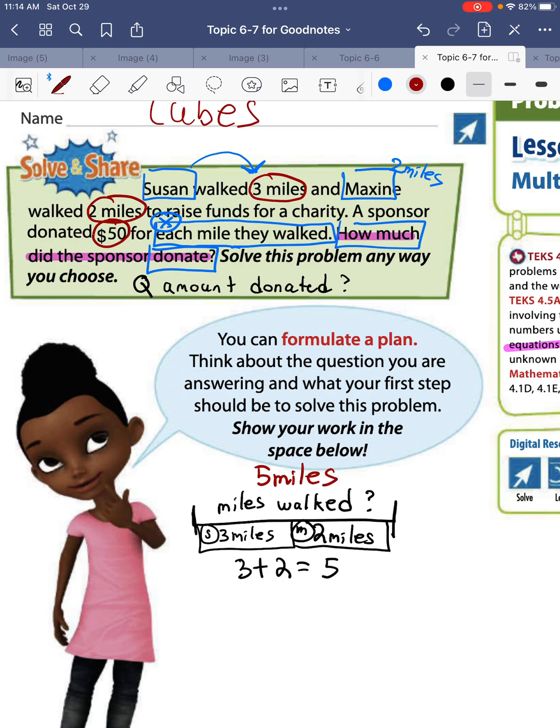Okay, so I can cross this out. They walked 5 miles because 3 plus 2 is 5. So I'm going to put 5 miles walked. That was from Maxine and Susan. Okay, so I did the first part. Then it says a sponsor donated $50 for each mile they walked.